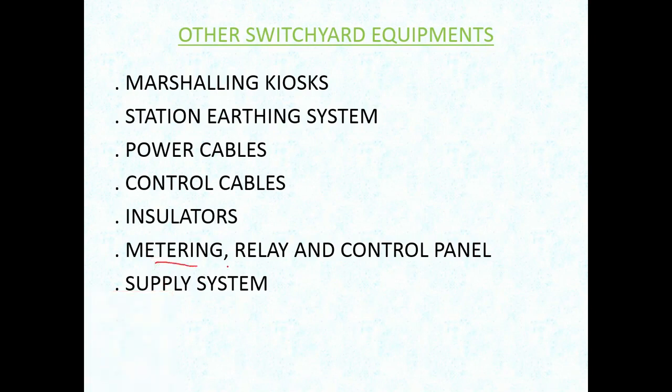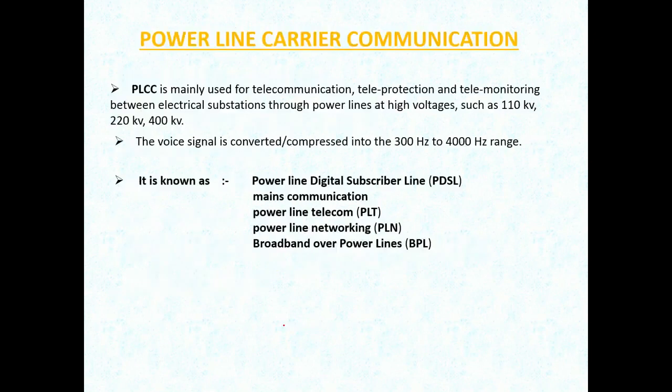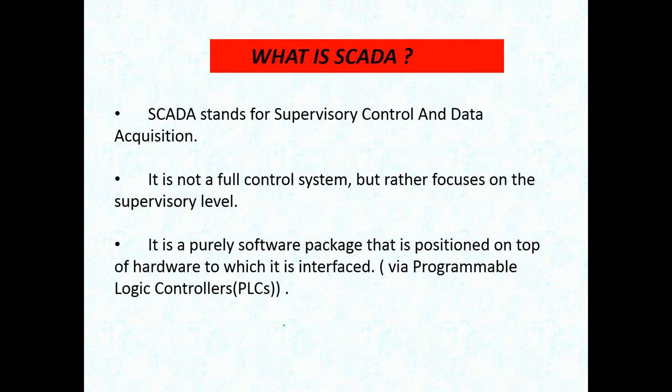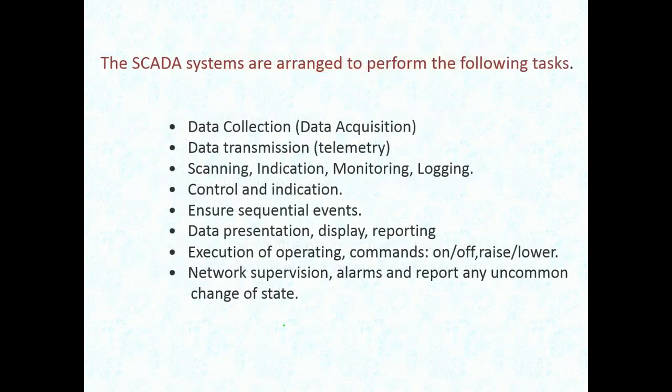For the metering, relay and control panel purpose we are using battery, UPS, supply systems. These are other switchyard equipments. Power line carrier communication, PLCC, you studied in power system protection, for telemonitoring and communication, carrier current protection. What is SCADA? All this will come in unit 5.